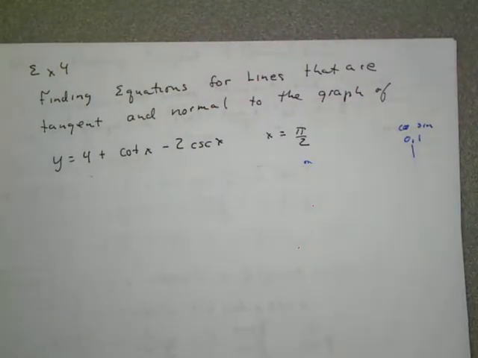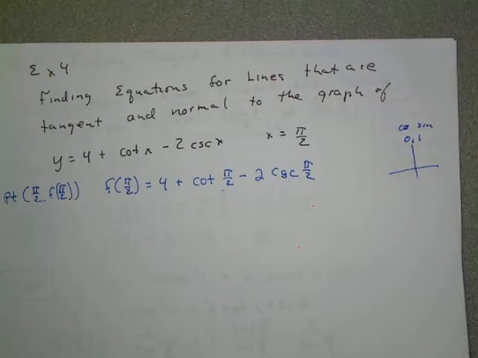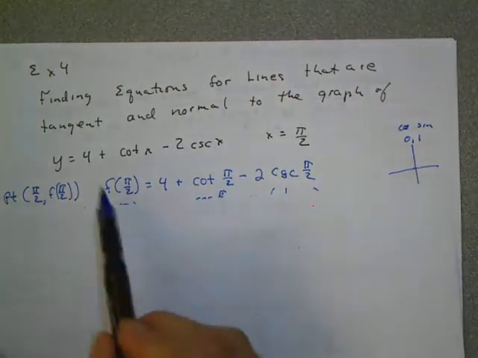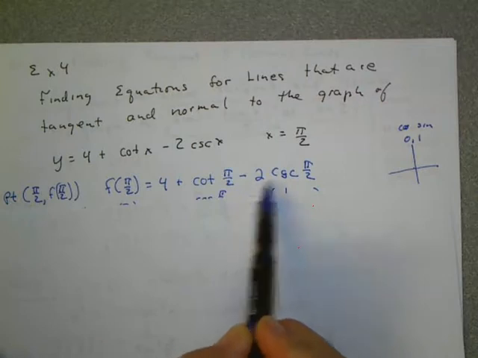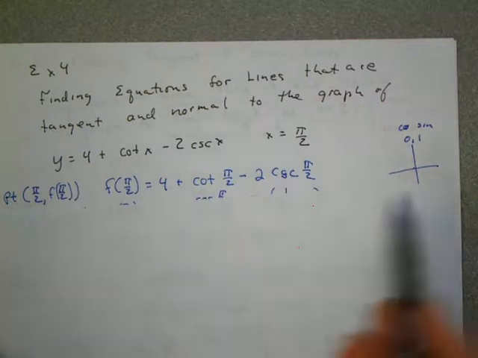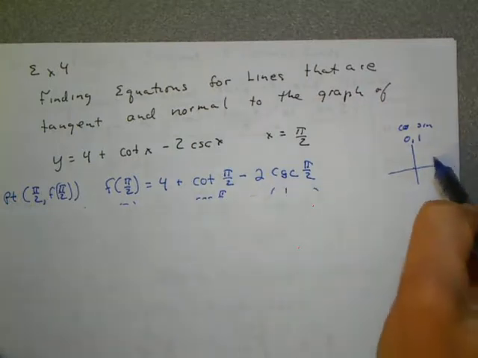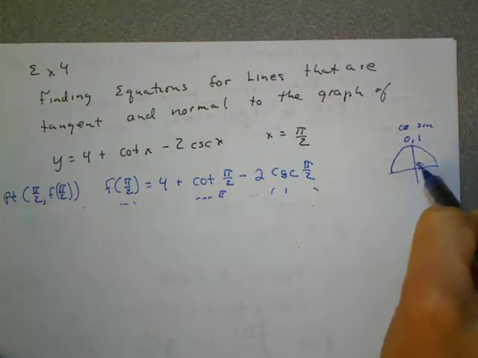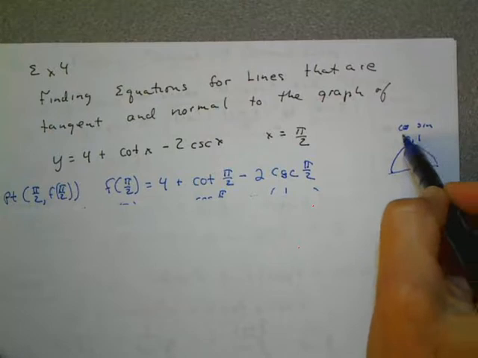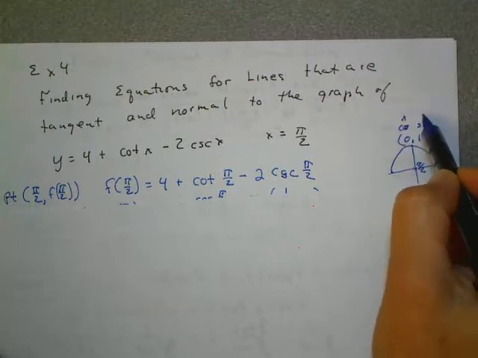We can do that quite easily without a calculator, because if you put this in, you've got 4 plus the cotangent of pi over 2 minus 2 times the cosecant of pi over 2. I know on my unit circle, pi over 2 is at the point (0, 1), and the cosine is the x-coordinate, and the sine is the y-coordinate.